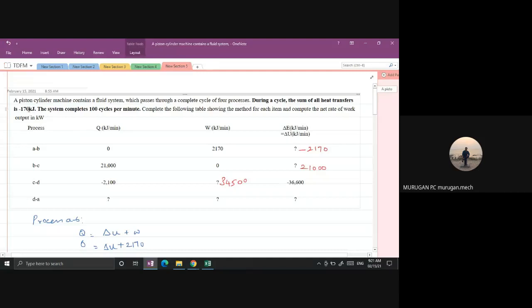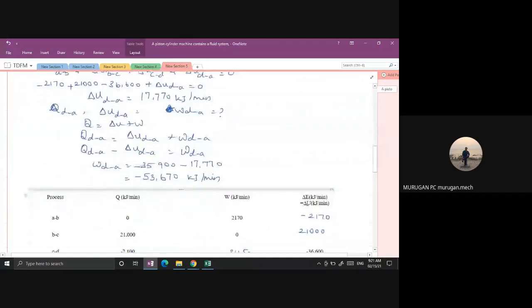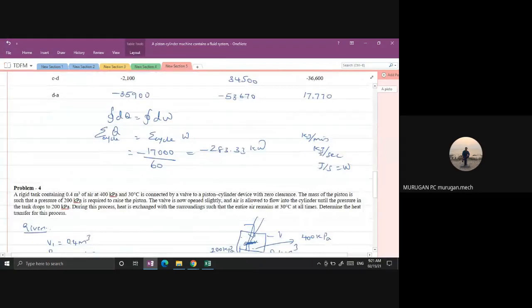We have to write the output in kilowatt. Here they have given it as kilojoule. To convert kilojoule to kilowatt, we have to divide by second. Joule per second is equal to watt.